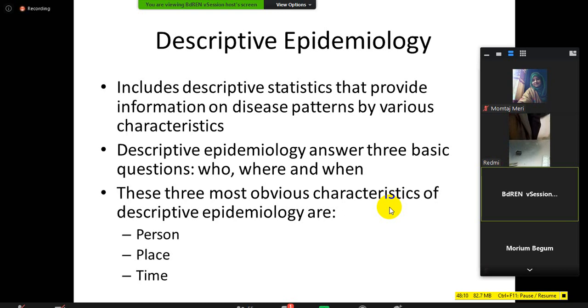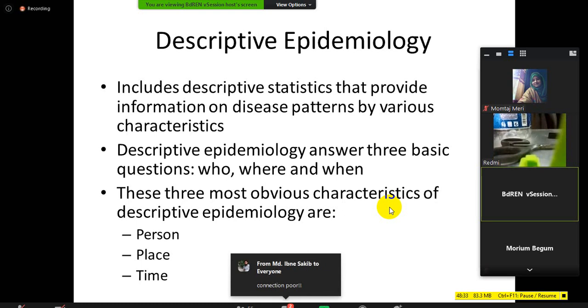health situation, to understand the health problem, you have to ask some questions. These questions are basically W questions. Number one question is, who is suffering from this disease? Second question is, when are they suffering from that disease?